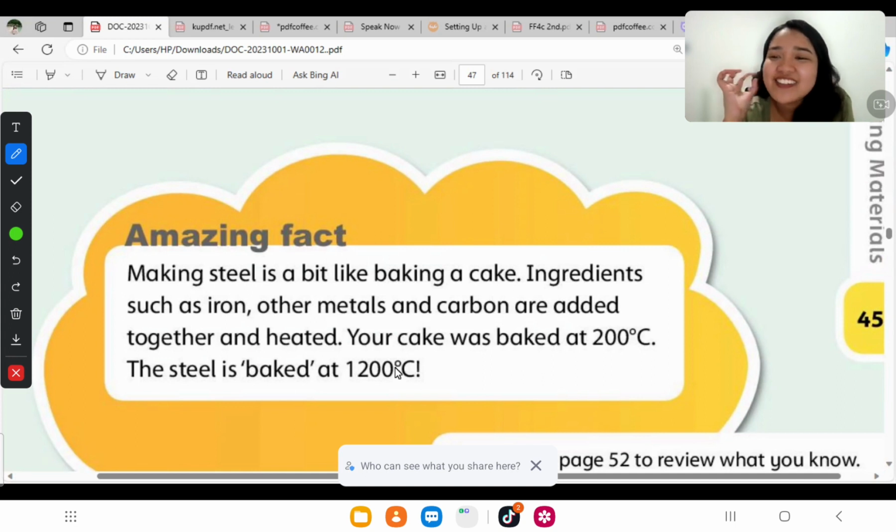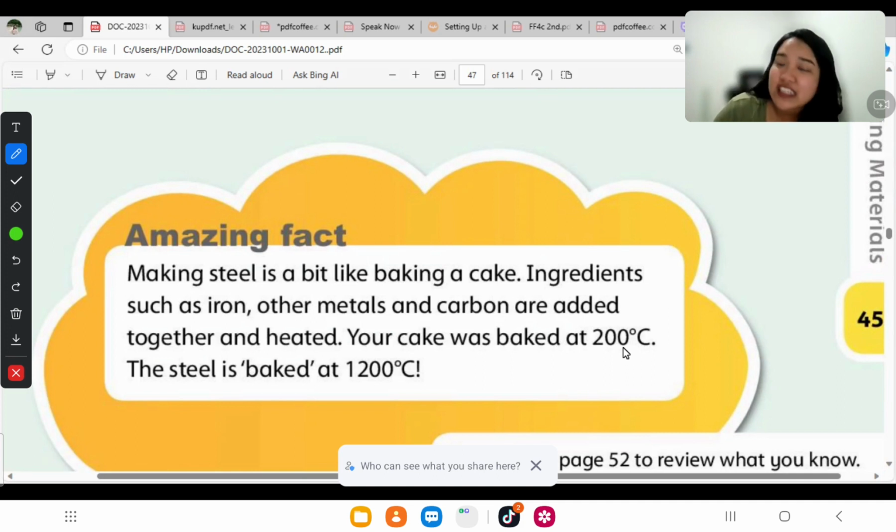So how do we say this? This is how we use the measurement of temperature. Say it again: 1,200 degrees Celsius, and also 200 degrees Celsius. Very good.